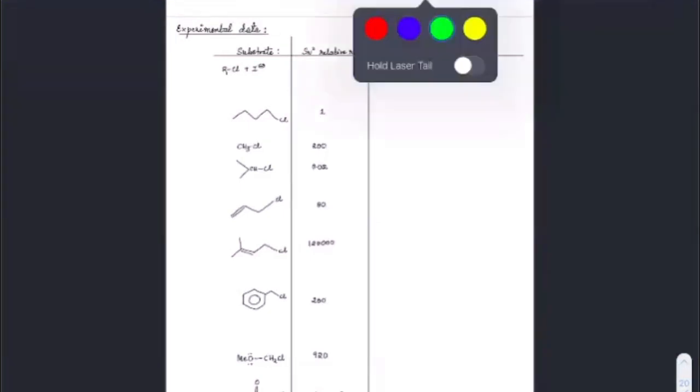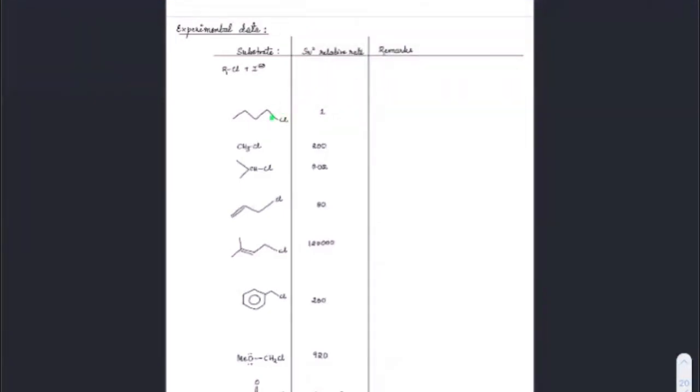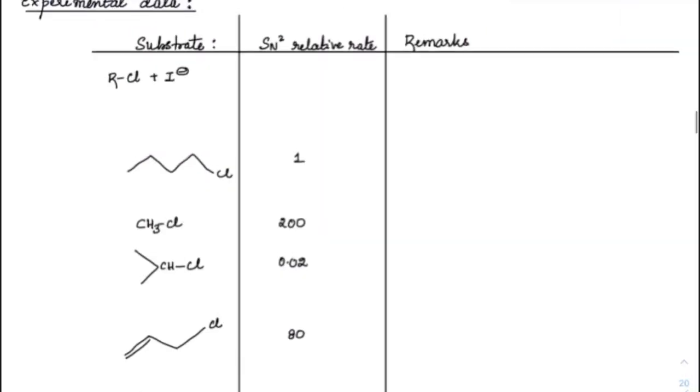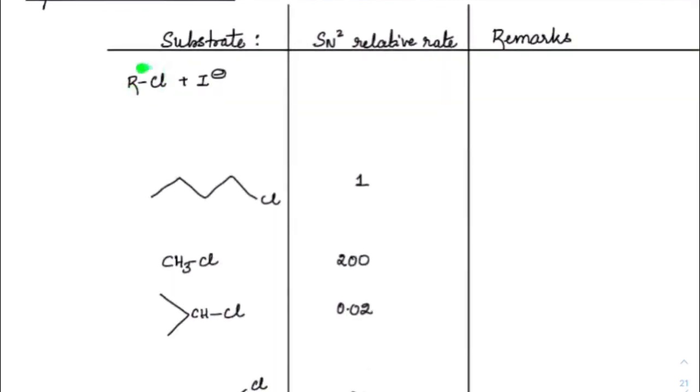See this experimental data closely. This is a primary alkyl halide, RX, being replaced by I minus; this is the overall reaction. RX is the substrate on which I minus is attacking as a nucleophile. For these various R groups, what is the relative rate?